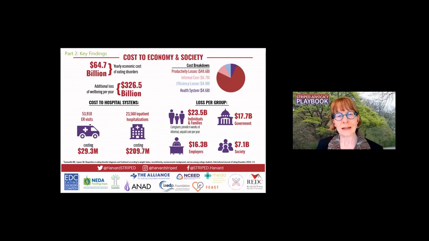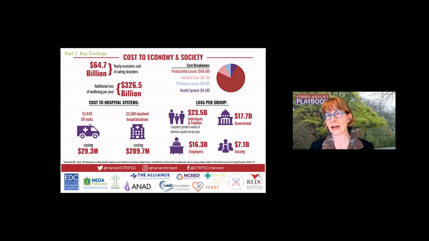Some of the key findings around costs here on this slide, and I'll walk through these in more detail momentarily. We are estimating that close to $65 billion per year are lost in the US economy directly attributable to eating disorders. And this $65 billion each year can be broken down into several main categories.